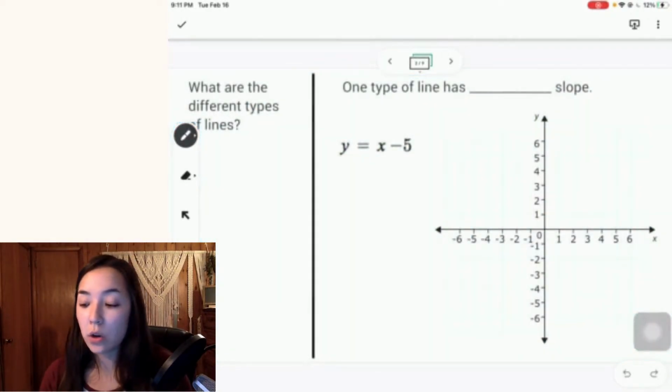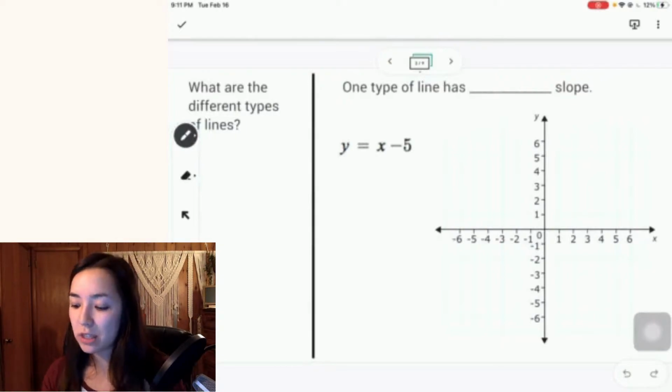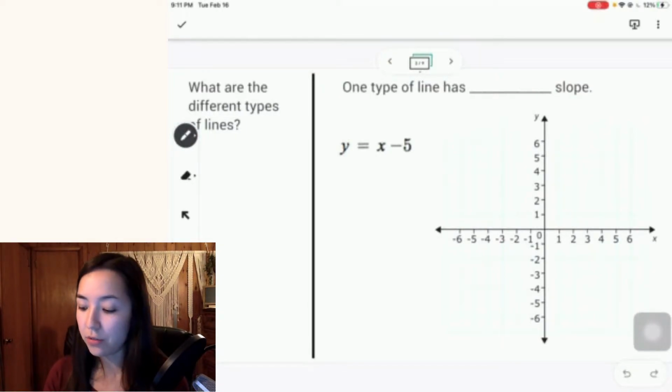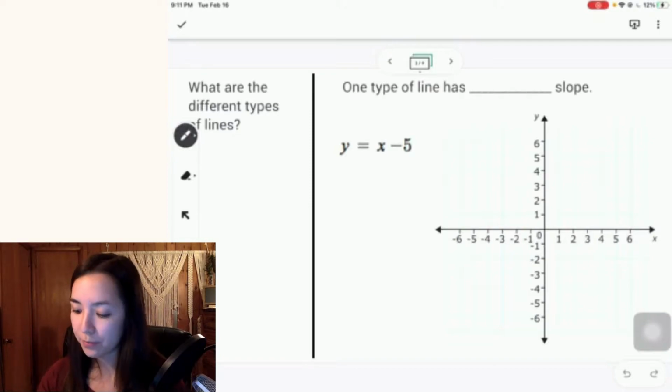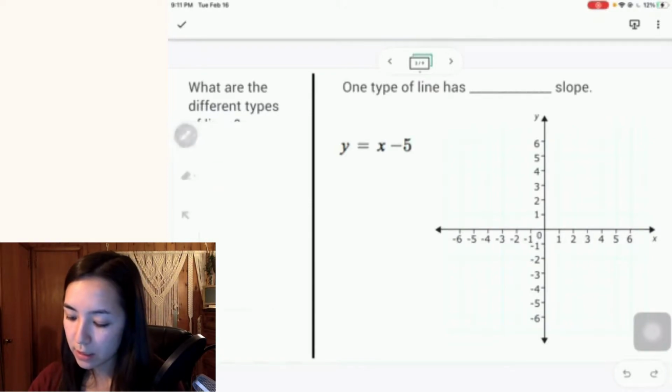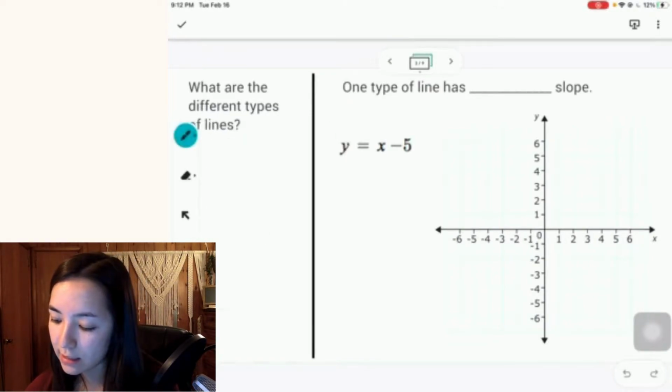So we know how to go from graphs to equations, but we could also go from equations to a graph. So we're still looking at lines that have positive slopes.